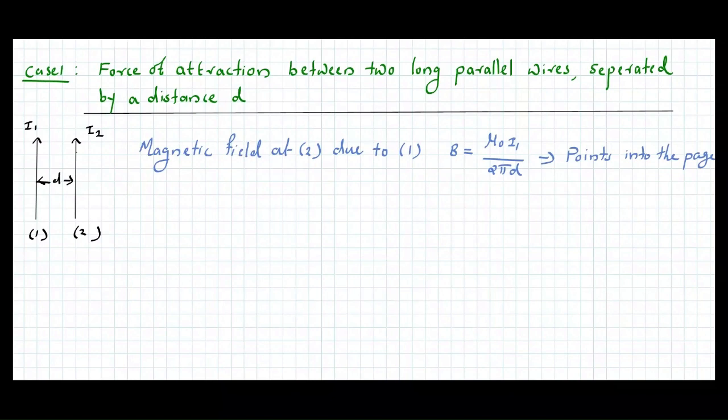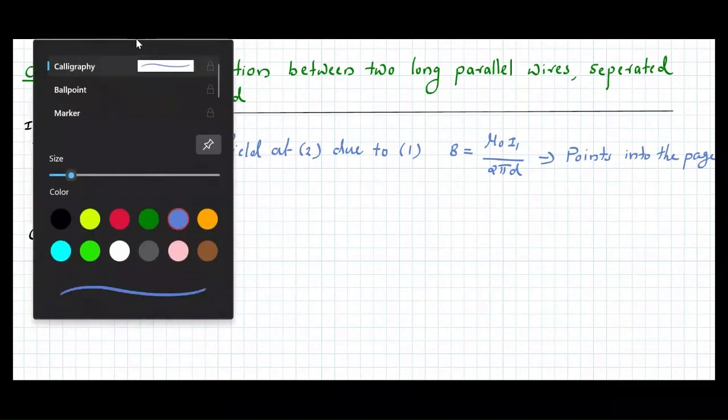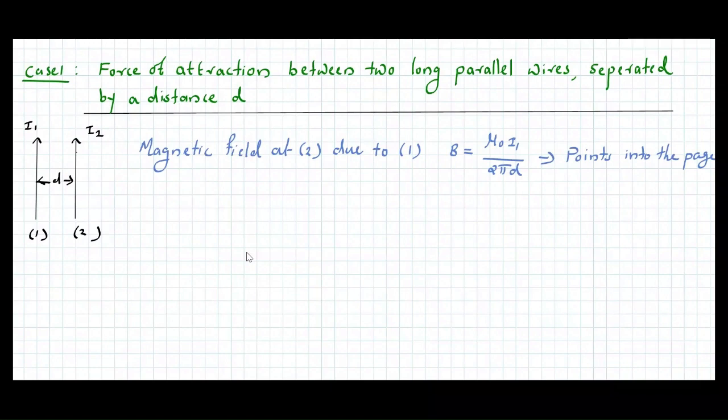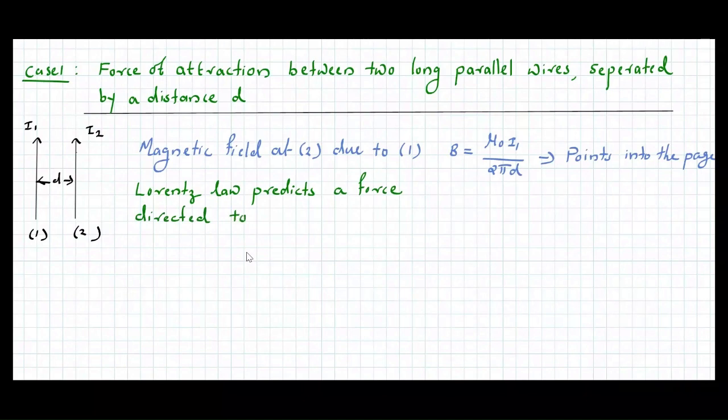Remember, this is the magnetic field due to a wire of infinite length, and the field is pointing into the page. Because of that magnetic field at 2, the wire which carries a current I2 will experience a force.